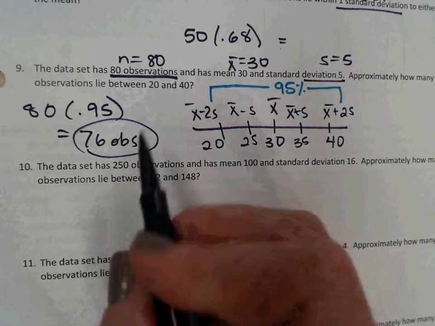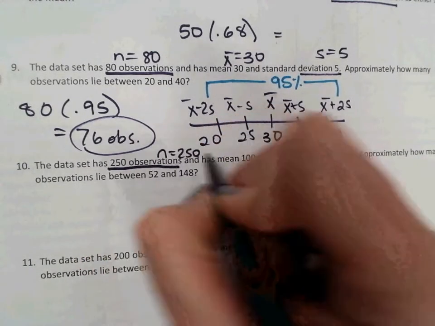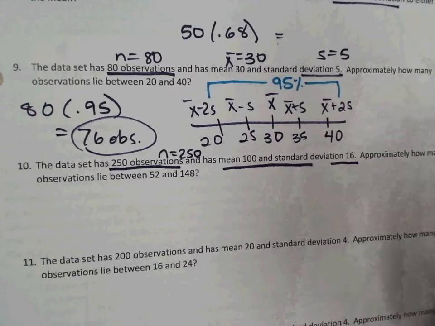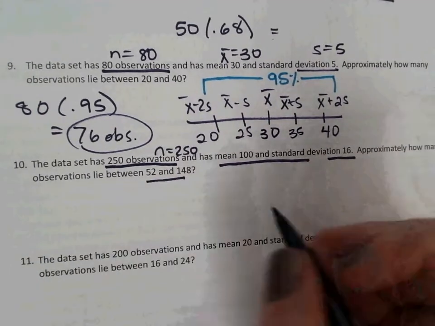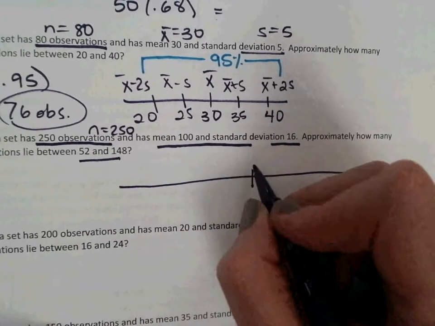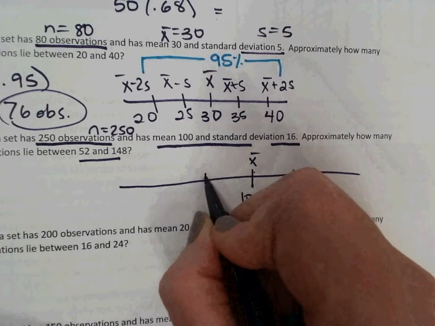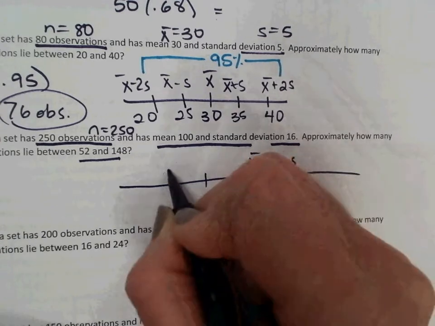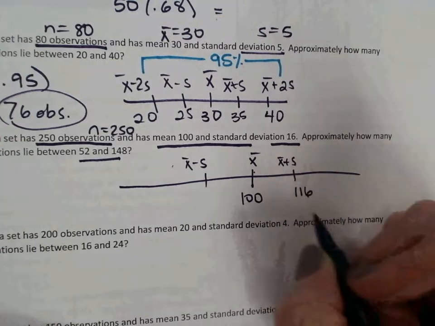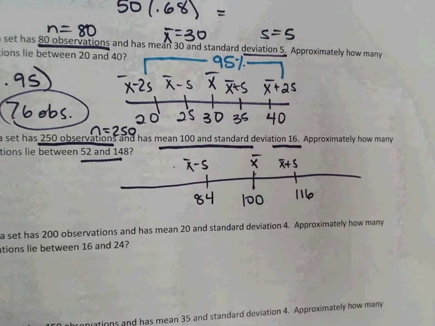We've got a couple more here. The data set has 250 observations, mean of 100, standard deviation is 16. How many lie between 52 and 148? Right in the middle we'll put the mean, 100. X bar plus s and x bar minus s gives 116 and 84.